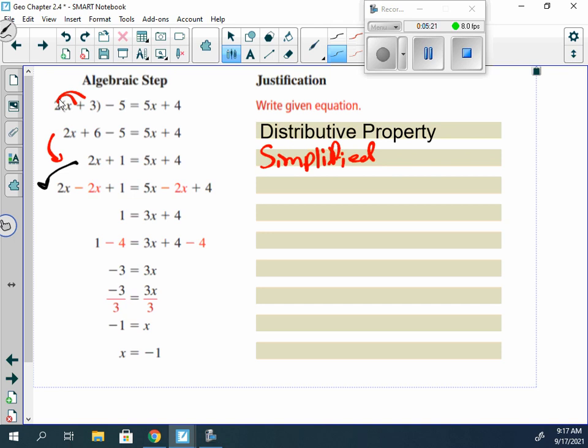So if we're subtracting something from both sides, that property, because that's what we're listing down here as the justifications, is the subtraction property of equality. Because that's the property that states that I can subtract the same thing from both sides and not change the equation. We still have an equal statement.